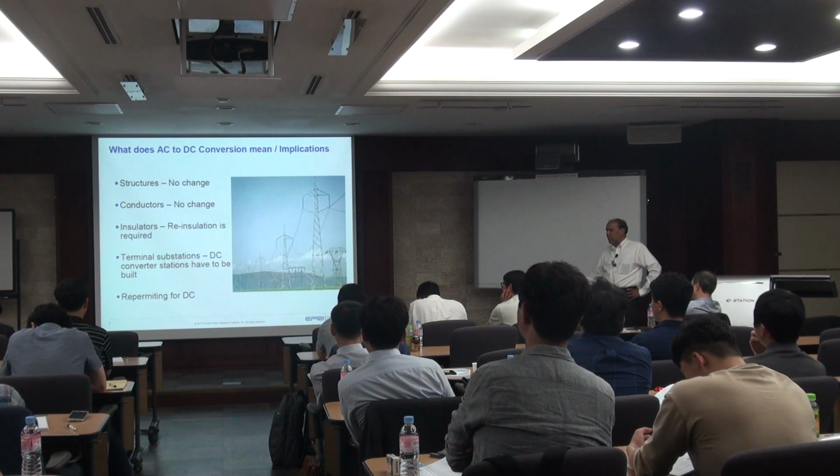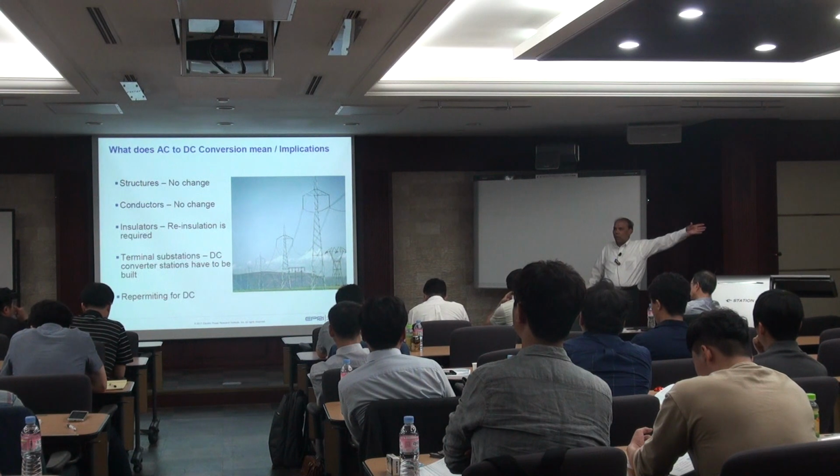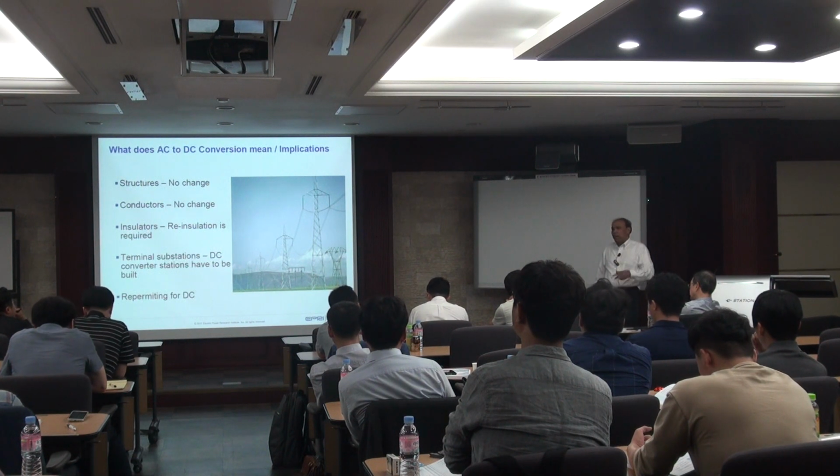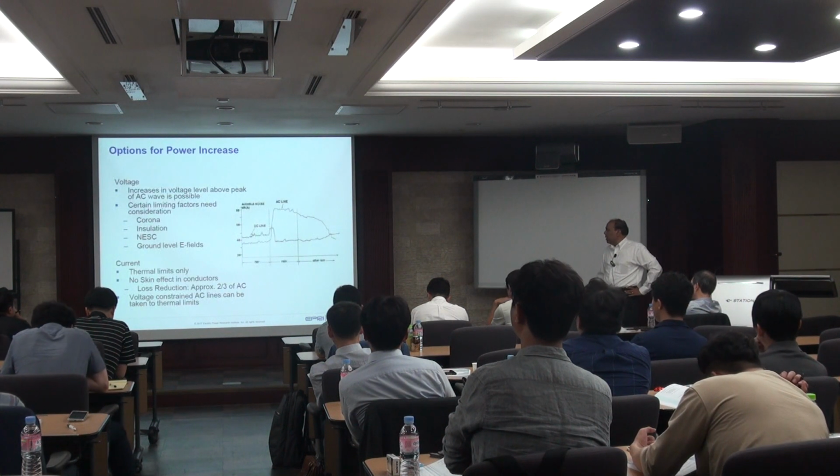DC is different than AC, so you need to get a permit. Just like in our house, you add another bathroom or another room, you go to the city and get a permit. Same thing here, we have to go and get a permit because you are changing the line.